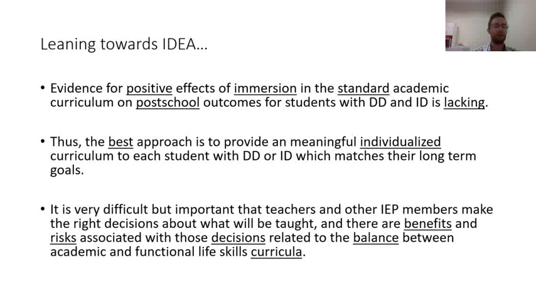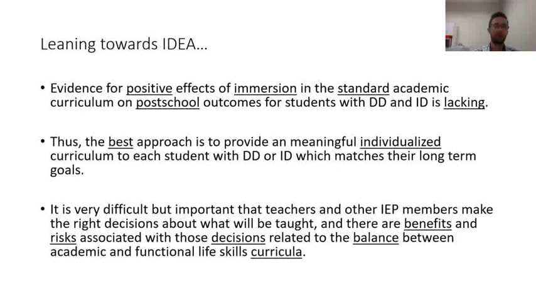And they also argue that it's very difficult but important that teachers and other IEP members make the right decisions about what will be taught, right? Because we talked earlier about how students of these populations may need help in far more areas, far more skills than anyone has time or resources to address.